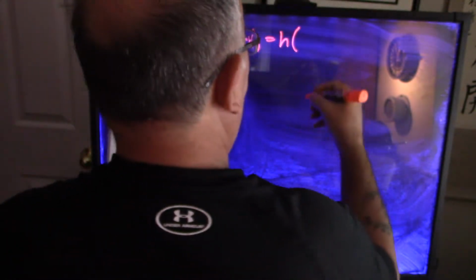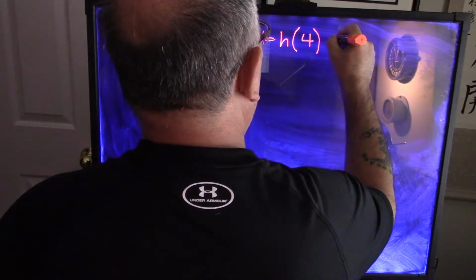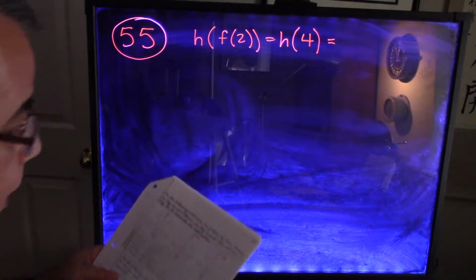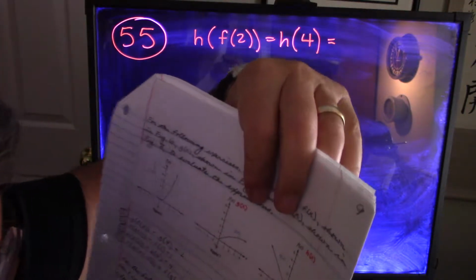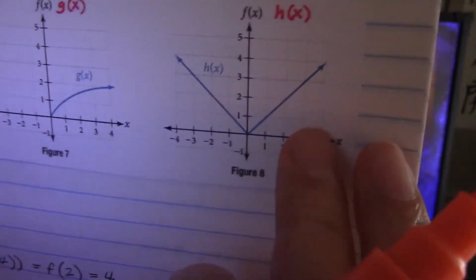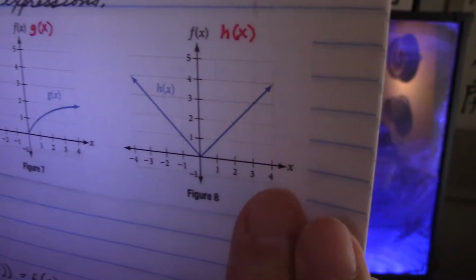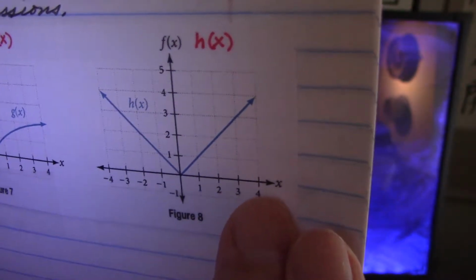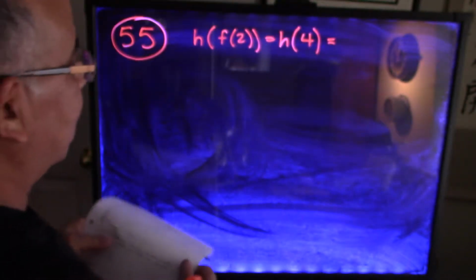So that's h of 4. Okay, and what's h of 4? H of x looks like the absolute value function, doesn't it? So it should be 4. H of 4 right there is 4. So there we go.